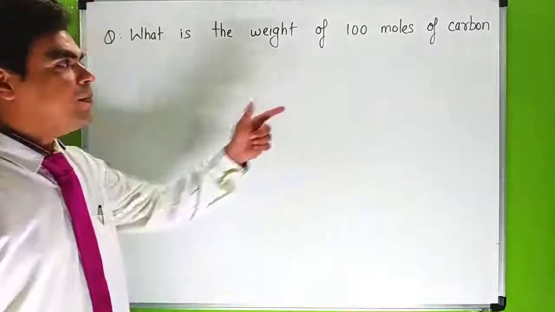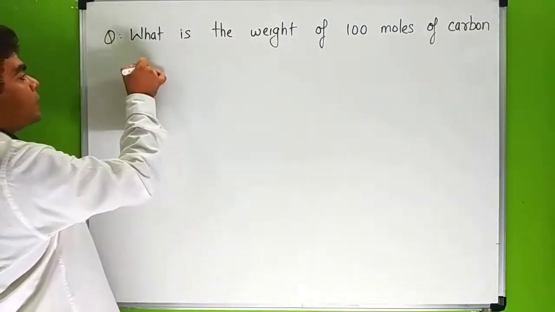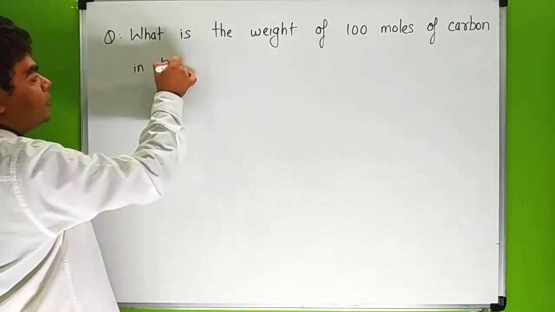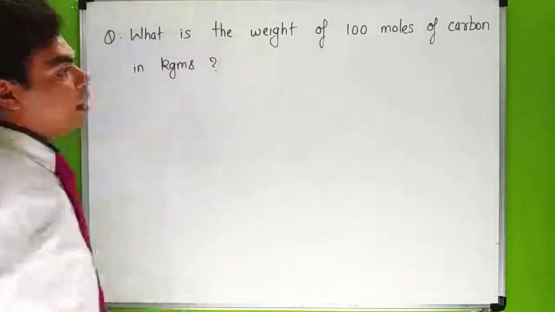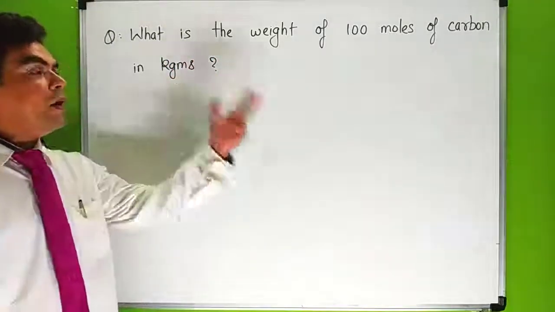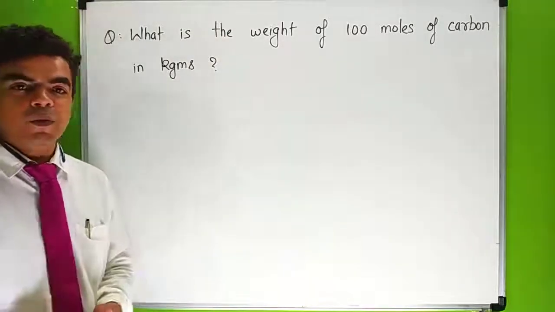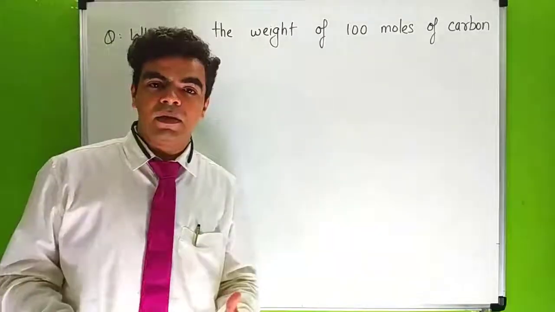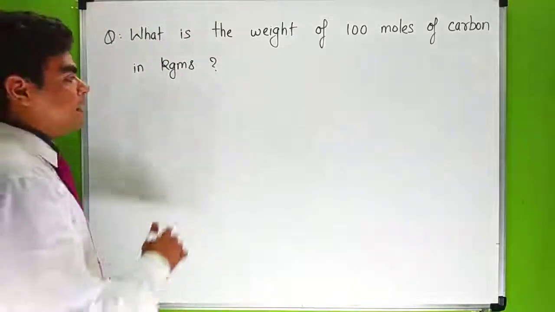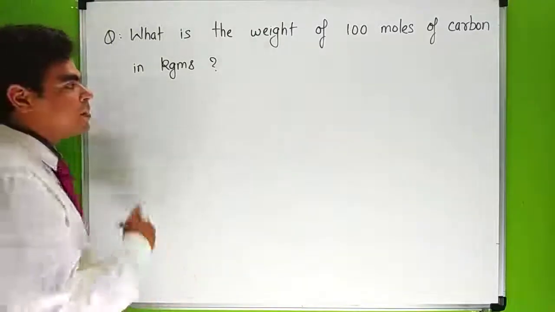But the unit must be mentioned. Let us say the unit is in kilograms. So the entire question is, what is the weight of 100 moles of carbon in kilograms? Now in this question, we need not bother with the unit of AMU, because 1 mole of carbon weighs 12 grams. So we can simply say that weight of 1 mole of carbon is 12 grams.